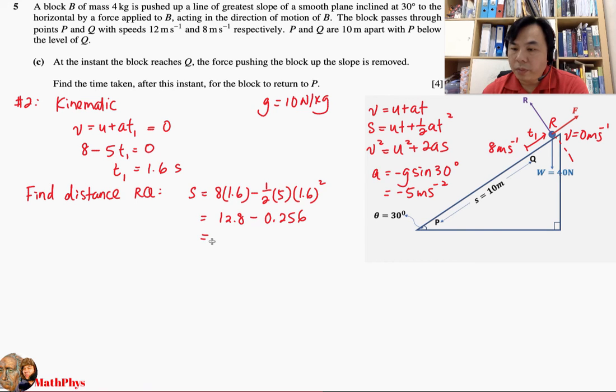So I will have 12.58. Something is not right.